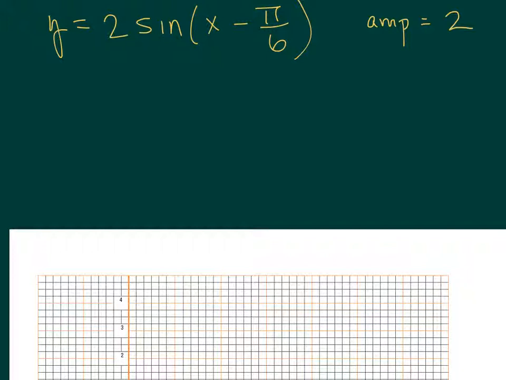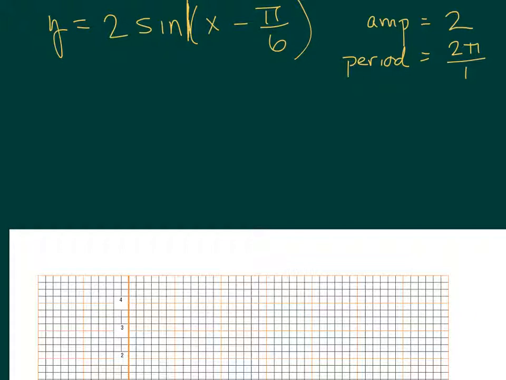The other thing that we need to think about is the period of this particular function, and for sine and cosine, the period is always 2 pi divided by the value of b. Well, b in this case is 1. The b is the number that would be between the sine function notation there and the parentheses.